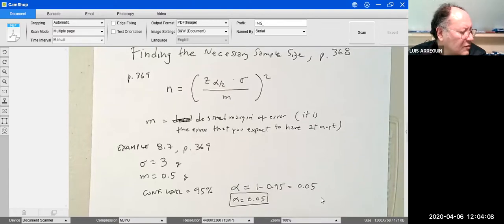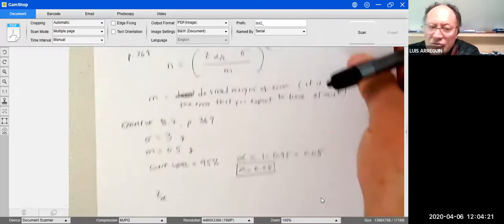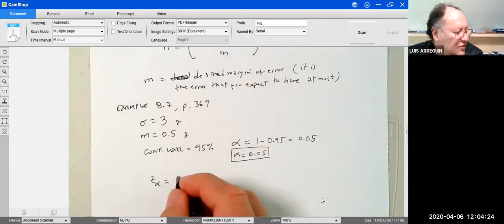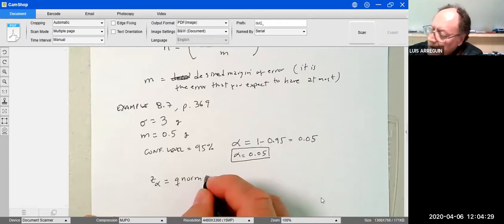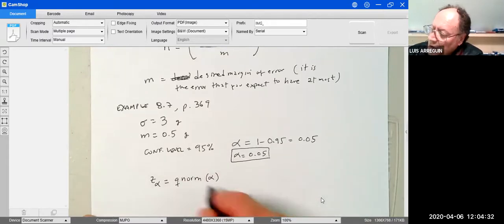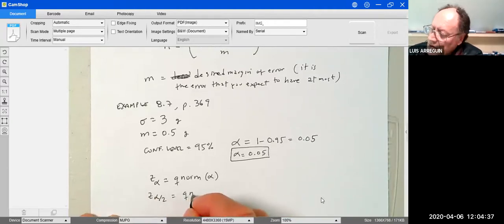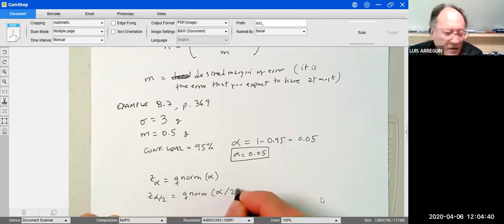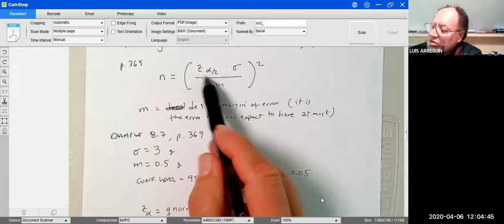So we're going to compute then the z-score of any value of alpha using R. So it's going to be just qnorm of alpha. If we want the z-score of alpha over 2, then you're going to use qnorm of alpha over 2. So that's the way that you're going to find this z-score.